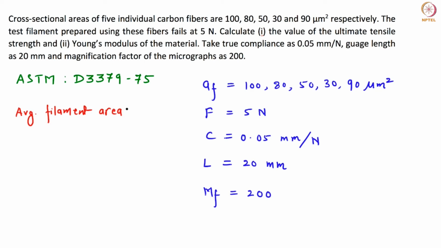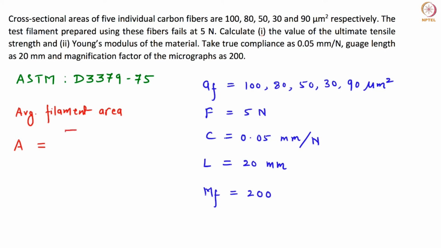So filament here does not mean an individual fiber. You can also do the testing for individual fibers, but slightly different methods are used for that. So here we are talking about a filament which is actually a bundle. This filament area, or A, you also see the term AF, is what we are going to calculate, and that is what is useful for all the calculations.